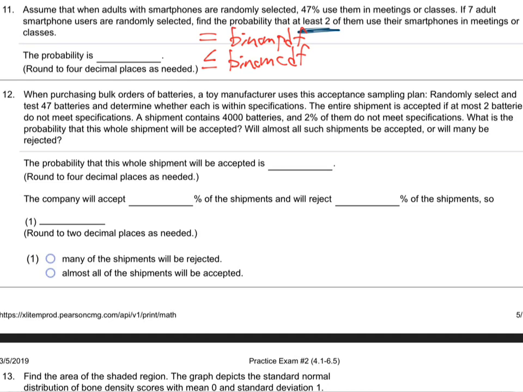And if they say greater than or equal, then you've got to do what?